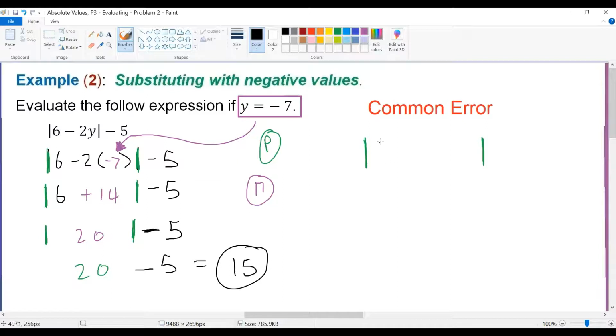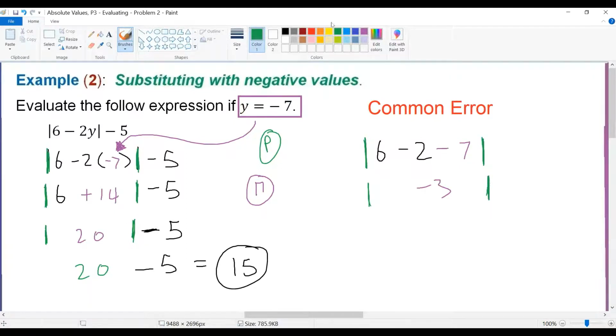If we were to write down each quantity in the substitution without the parentheses, this would be incorrect because it would read as 6 minus 2 minus 7, which would end up giving us the absolute value of 6 minus 2, which would be 4. Then we have 4 minus 7, which ends up being negative 3.